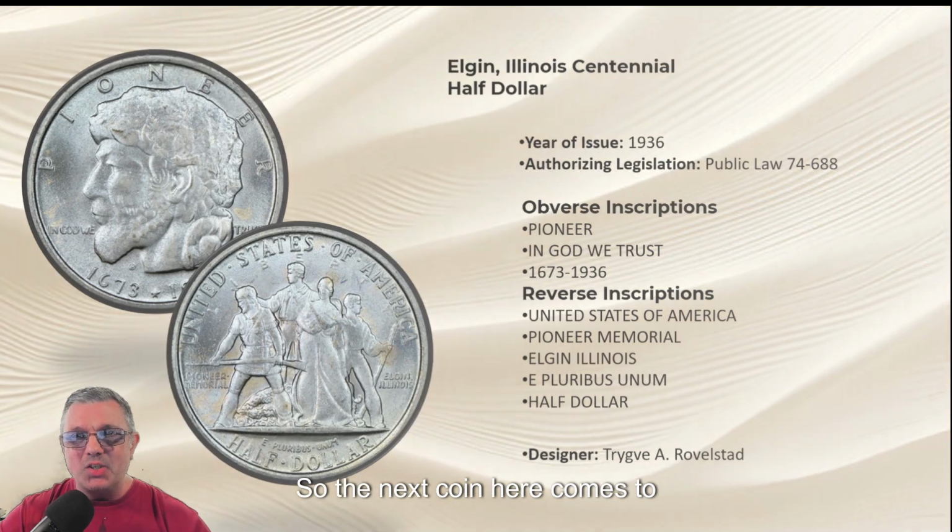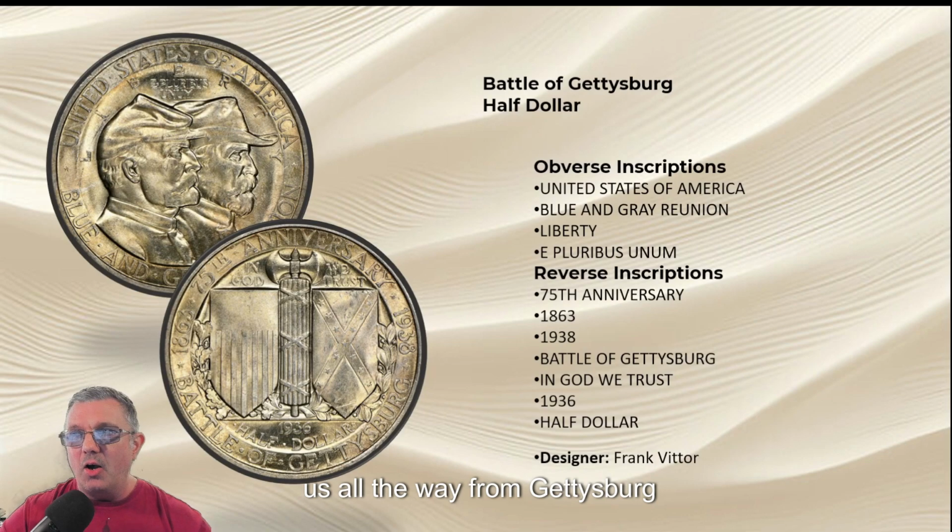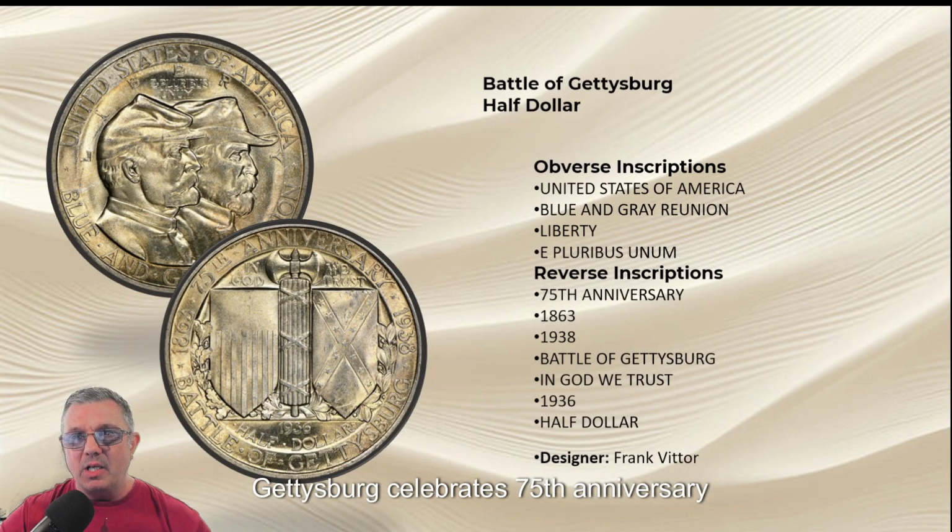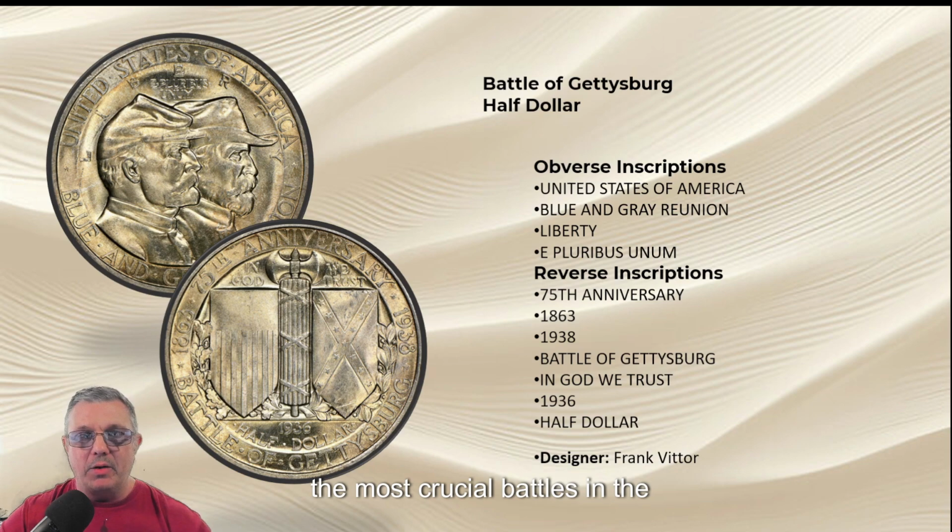All right, so the next coin here comes to us all the way from Gettysburg. Now, Gettysburg celebrates the 75th anniversary of what was undoubtedly one of the most crucial battles in the Civil War. This one was released in 1936. Now, the obverse design, you're going to see both Union and Confederate soldiers.